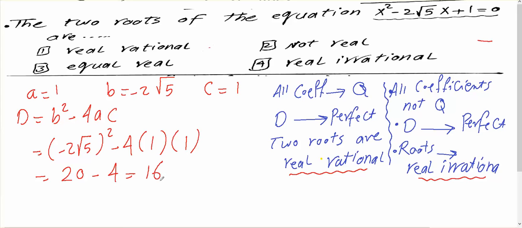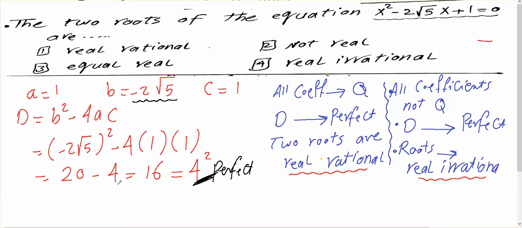And we know that 16 is a perfect square, as we can write 16 as 4 power 2, or you can say that 16 has a square root. Here we know that the discriminant is a perfect square. But the coefficients are not all rational, because 2 root 5 is not rational.